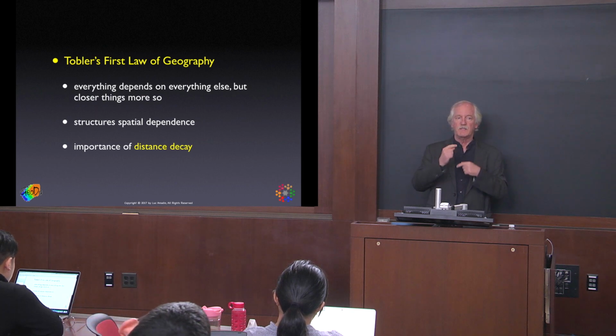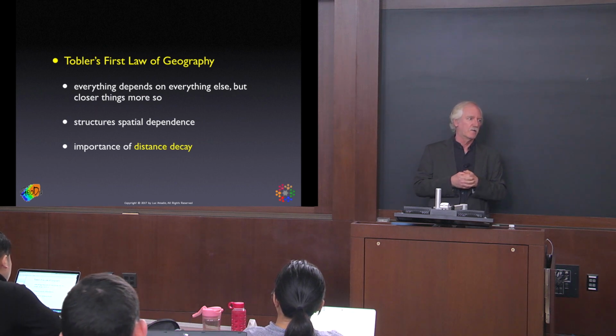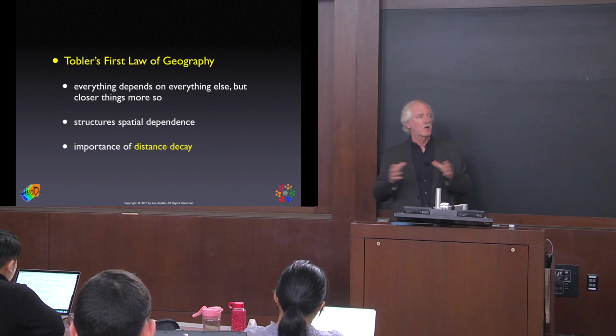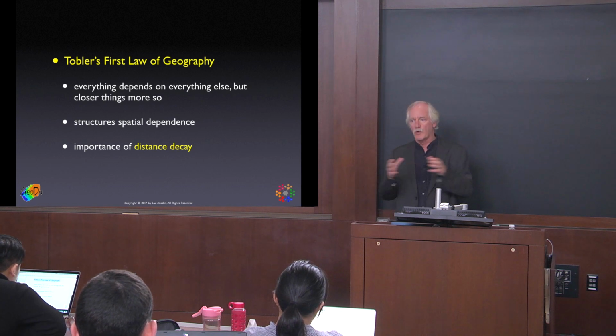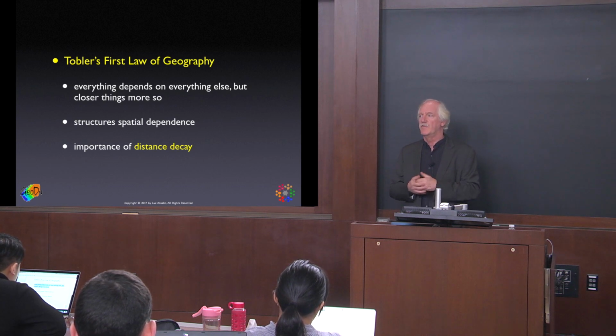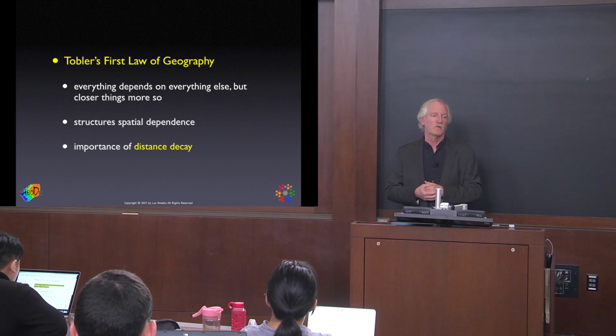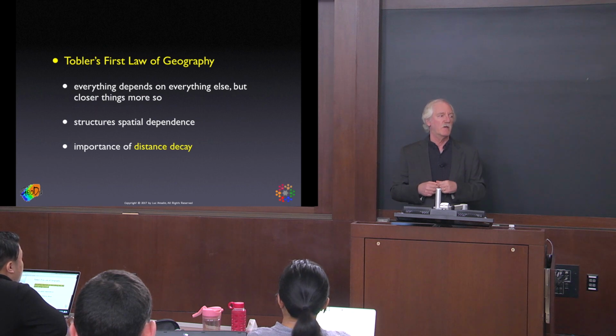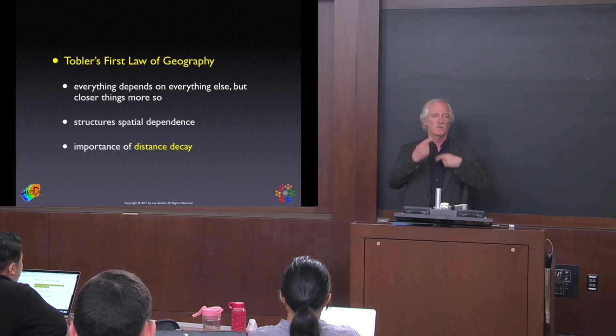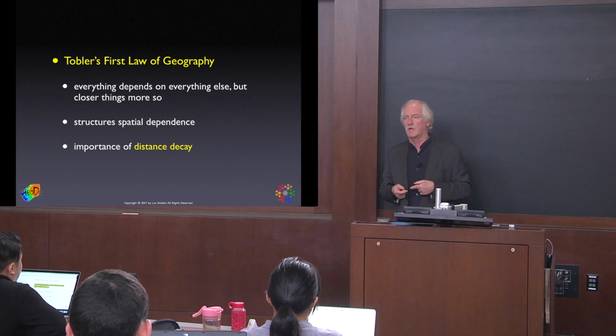And so, in some sense, this is circular reasoning, okay? Because you can say, okay, closer things are more similar. But then if you step back a second and ask, well, how do I define close? If I define close as being more similar, then we're just turning around in a circle, right?